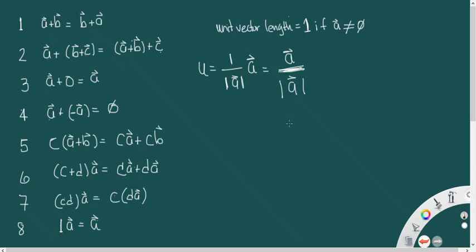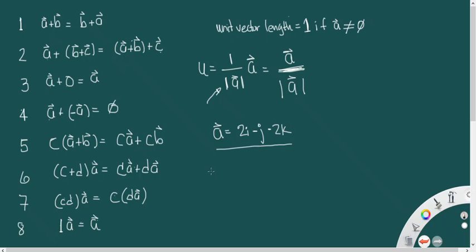Okay, let's do an example. Let's work with a vector A, and let's say that this vector A is equal to 2i minus j minus 2 times k. And we want to find the unit vector for this vectorial notation. So the first thing that we need to calculate is the length.